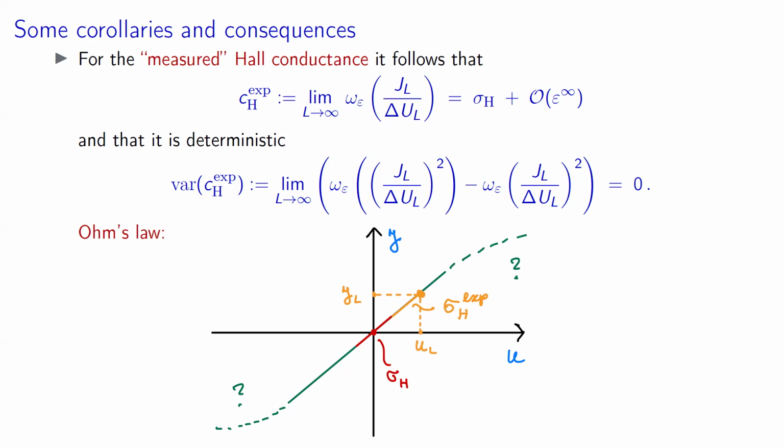We have very precise error estimates for experimental error bars, while the usual linear response gives you the slope here at zero. So it's important to have this statement that tells you that you're not too far away. Applying Ohm's law at this point gives you a very good approximation of sigma H.